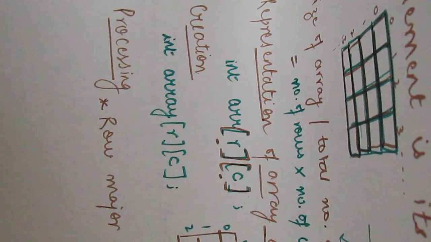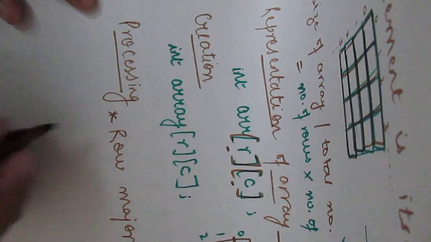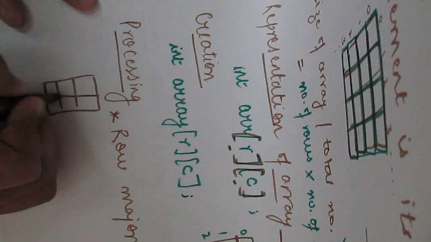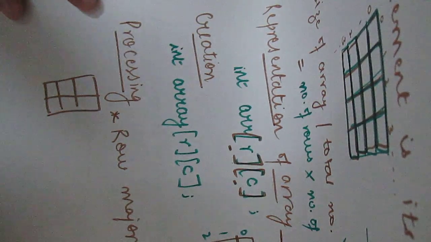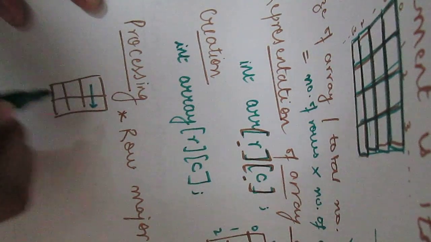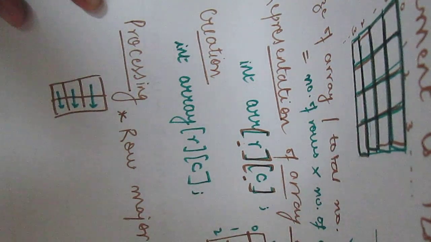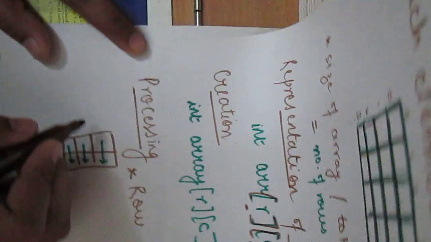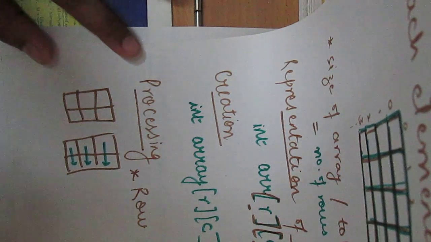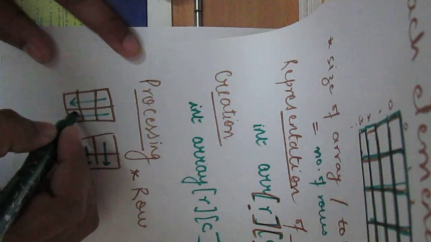I mean, if we have a two-dimensional array of this sort, we can either process it like first row, second row, third row, or we can process it column wise, like first column and then second column.